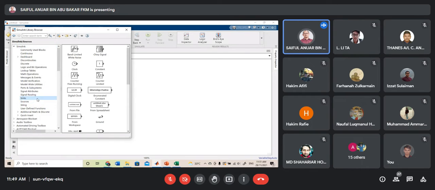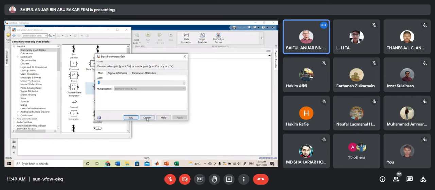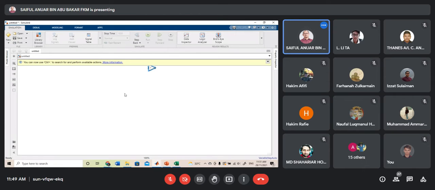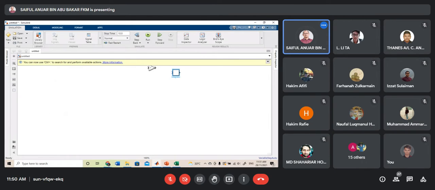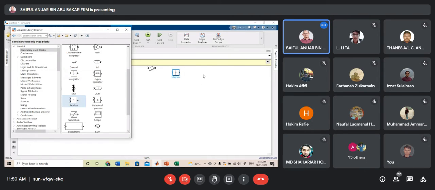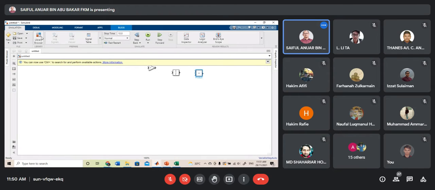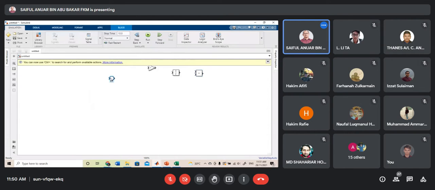Okay, let's start. Pull out some blocks that we typically use, then some integrators, then some sums.